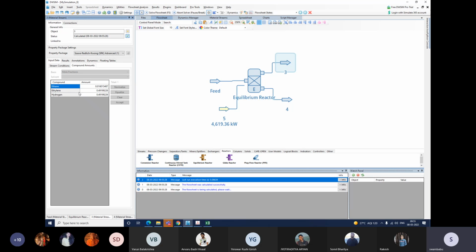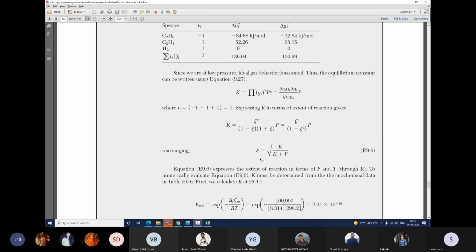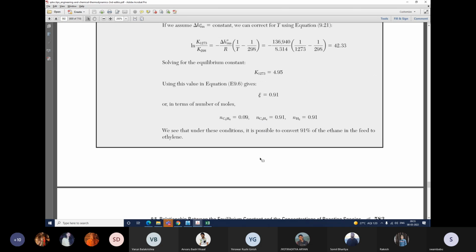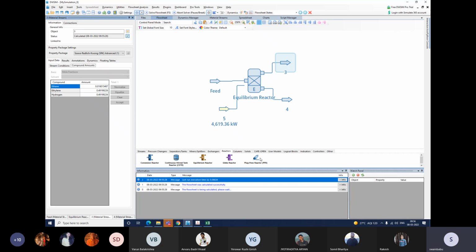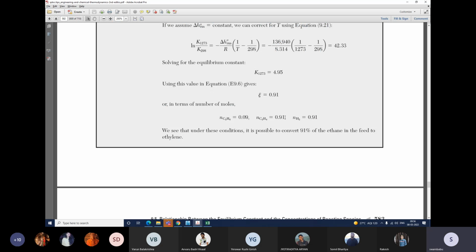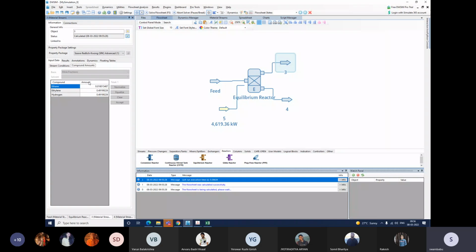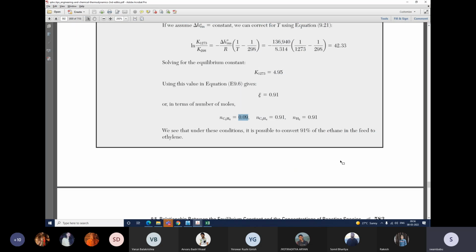Ethylene is 0.49, hydrogen is 0.49, and ethane is 0.01. And you can see these are the moles, 0.91, 0.91, 0.09. These are the moles, and here the composition is given as mole fractions.